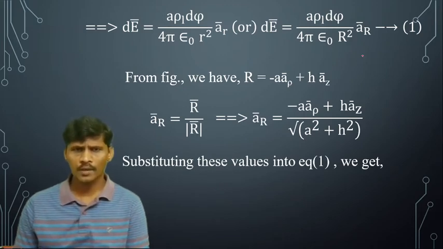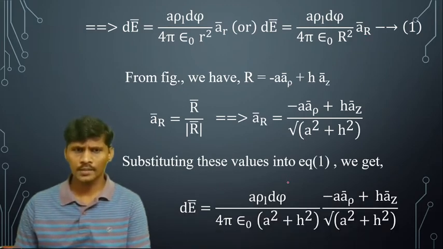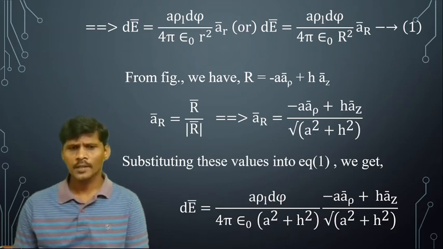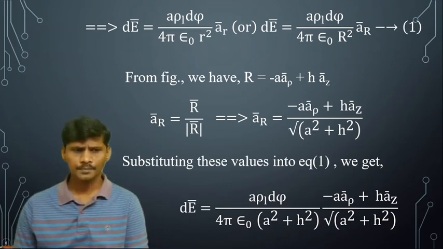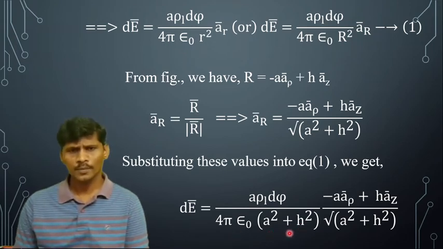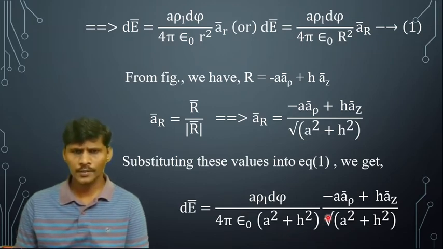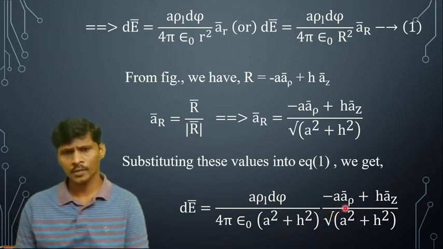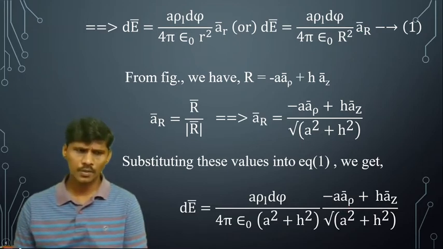Substitute these values into equation 1. We get dE bar equal to rho l d phi by 4 pi epsilon naught. R is the square root of a square plus h square, so R square is a square plus h square, into aR bar, which is minus a a rho bar plus h az bar by the square root of a square plus h square.